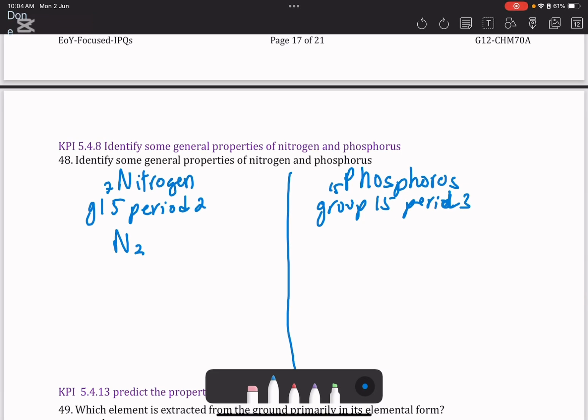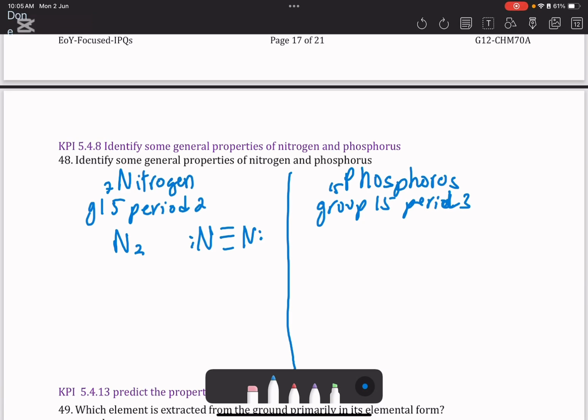If I draw the Lewis structure of nitrogen, it can make a triple bond with 2 free electrons. And for phosphorus, there is no Lewis structure to draw here because phosphorus will not form a diatomic molecule. However, phosphorus has different allotropes.